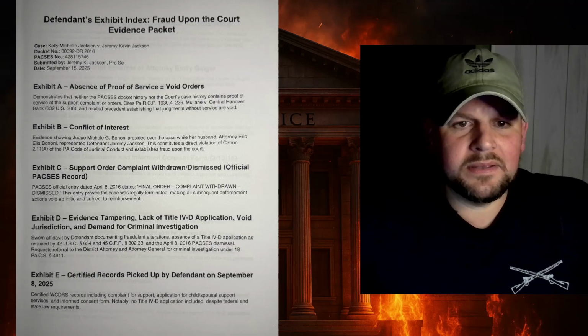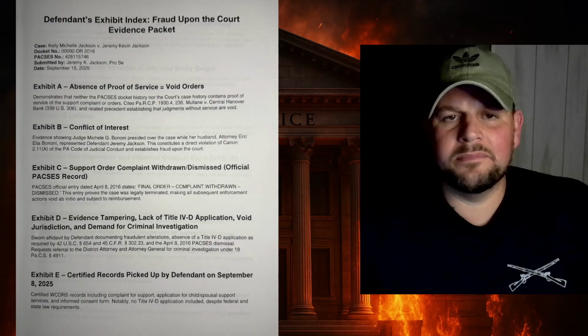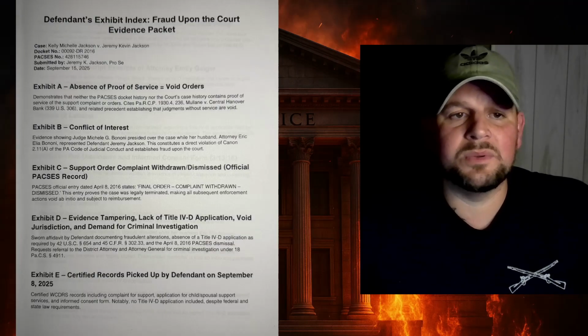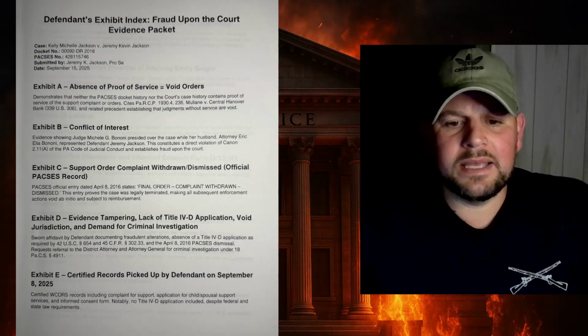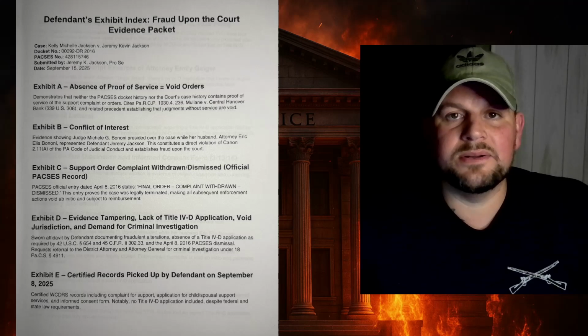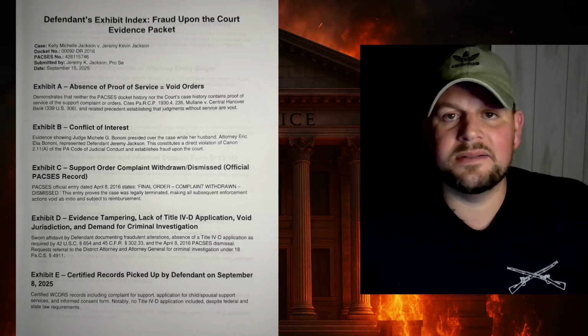As I said before, they very well may have served me. I don't honestly remember. It was 2016, the original child support orders. Again, by law, if it's not on the court history record or the PACSES record, then it did not happen.